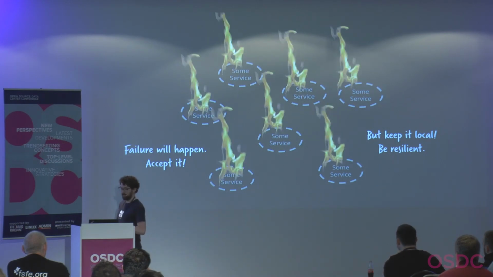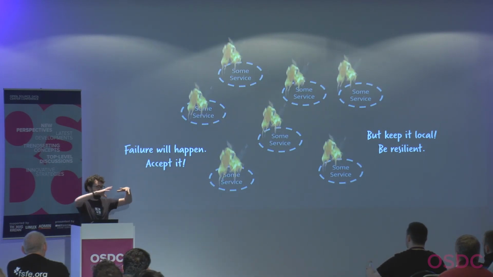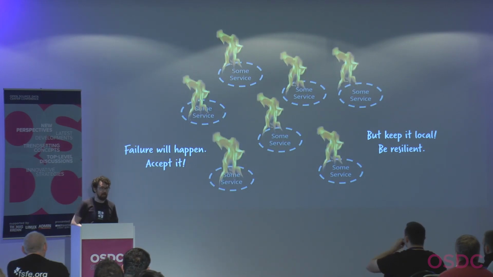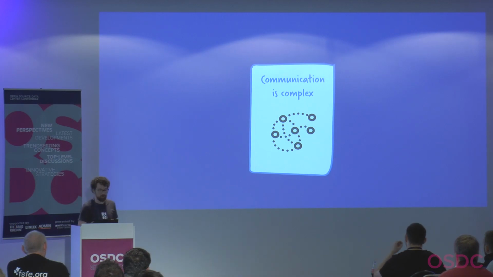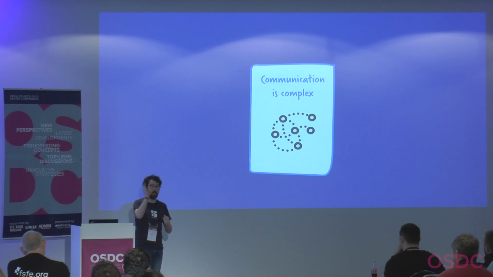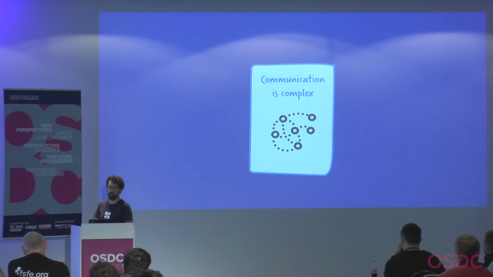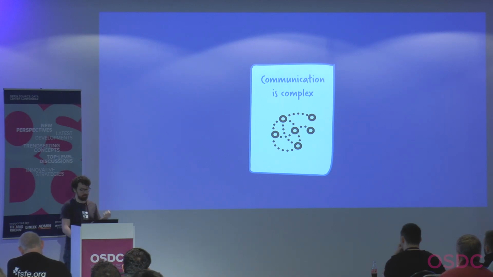That's something you might want to avoid. So we need to keep the services resilient even if one happens to fail. And that means we need to deal with how communication works when we need to communicate with something that's broken, how the client deals with that, and how the service deals with that when it's broken.